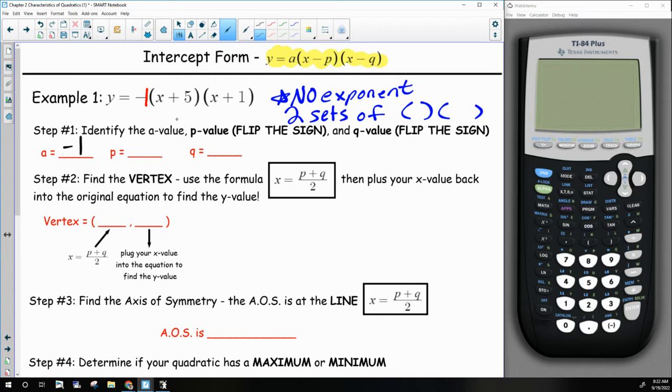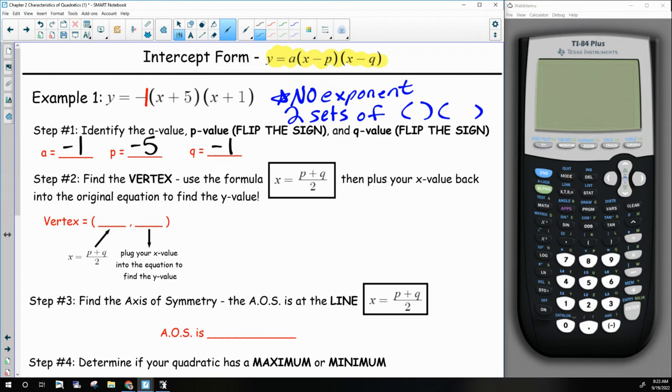So instead of 5 for p, we'll write -5, opposite sign. Instead of +1, we flip the sign, -1. If they were already minus, we would flip them to positive. That is your a value, your p value, and your q value. A, p, and q.